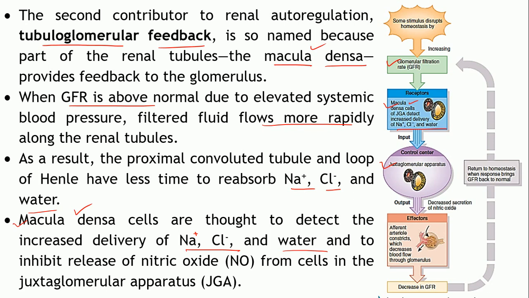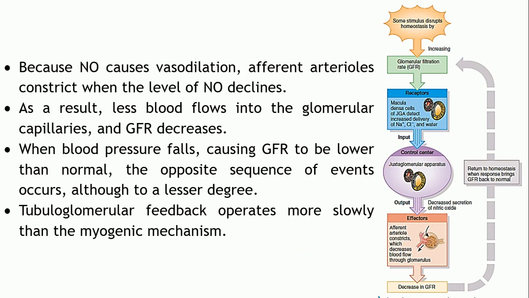As a result of these increased levels of ions and water, it will inhibit the release of nitric oxide from this juxtaglomerular apparatus. What is nitric oxide? It is the endothelium dependent relaxing factor. It is responsible for relaxation of the smooth muscles in the blood vessels, right? So nitric oxide release results in vasodilatation in the blood vessels.